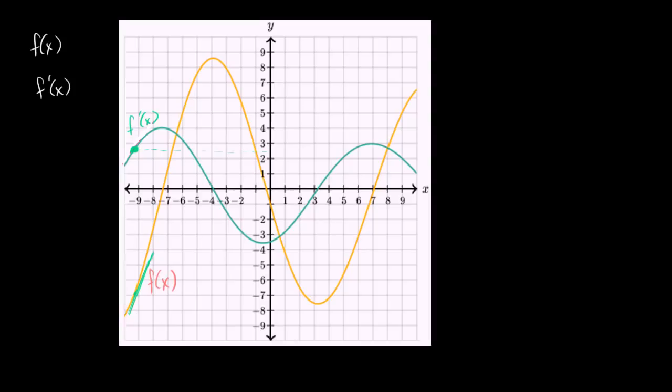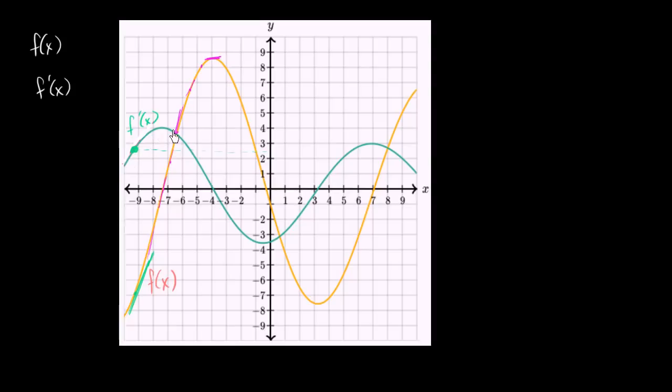Let's think about what happens as we move to the right. It looks like the slope of this yellow function keeps going up, and then at some point it reaches some maximum slope, and then it starts to go down again, all the way to the slope going down to 0 right over here.